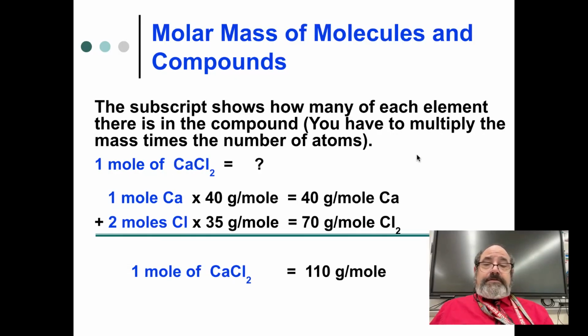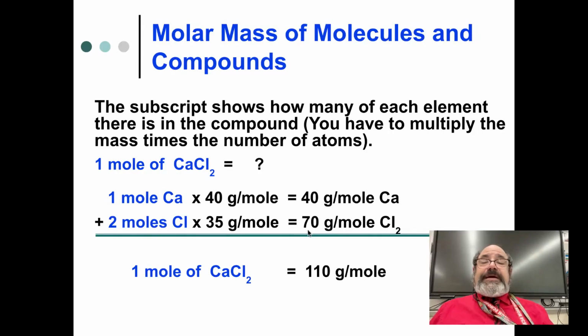Ooh, here's one more, and then we're good for this part of the video. So let's do another one, calcium chloride. We look up calcium on the periodic table. We see it weighs 40 grams, and there's only 1 calcium there. There's 2 chlorines. So we look up 35 again, and there's 2 of them, so 2 times 35 is 70.